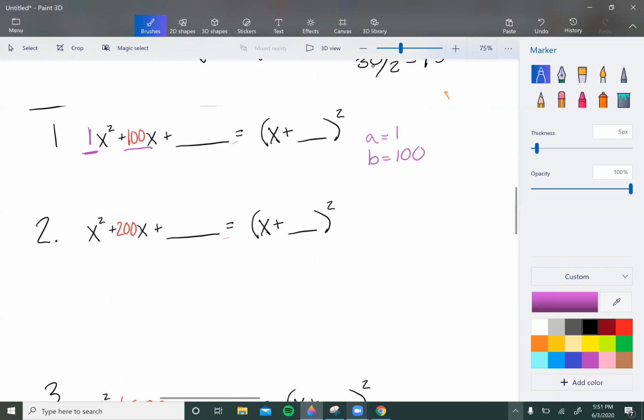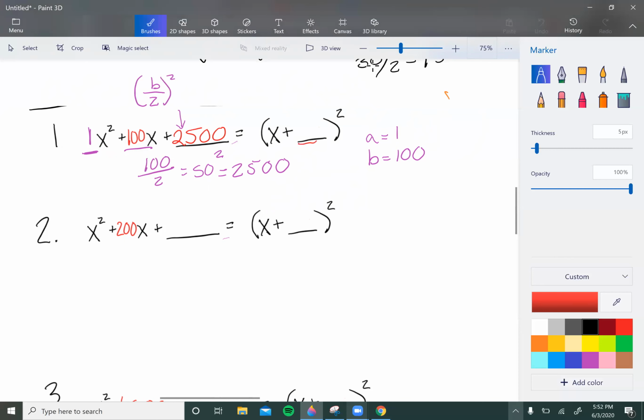So what goes right here is b divided by 2 squared. So it'd be 100 divided by 2, which is 50, squared, which is 2,500. So what goes right here in this spot is 2,500.